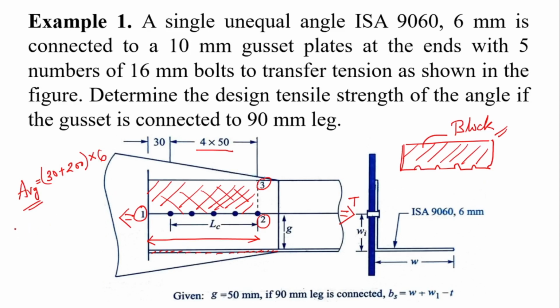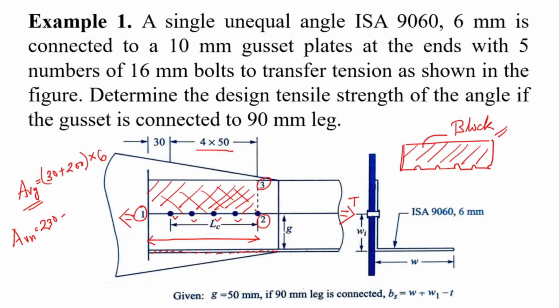Next, Avn, the net area. For the net area, we have to subtract the diameter of the bolt holes from 230. How many bolt holes do we have? 1, 2, 3, 4.